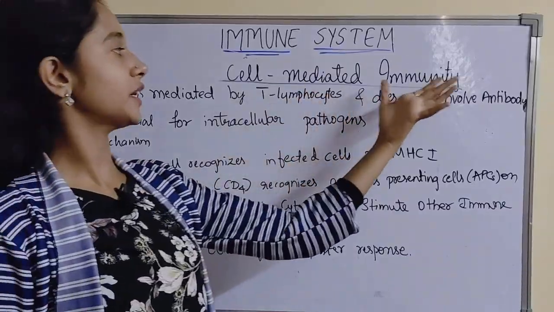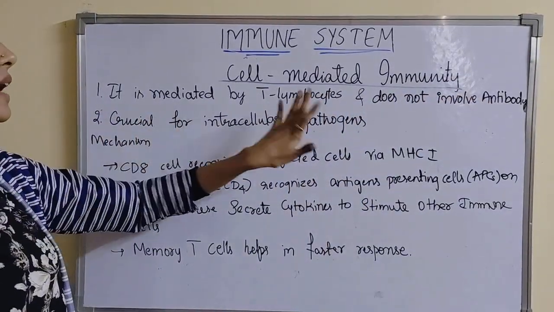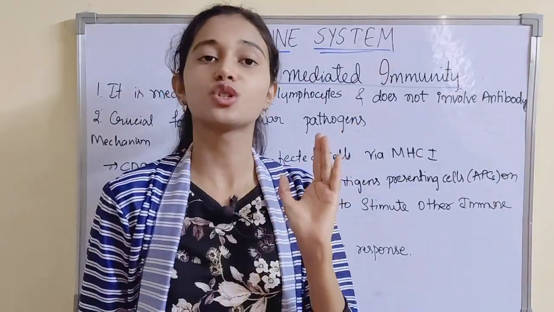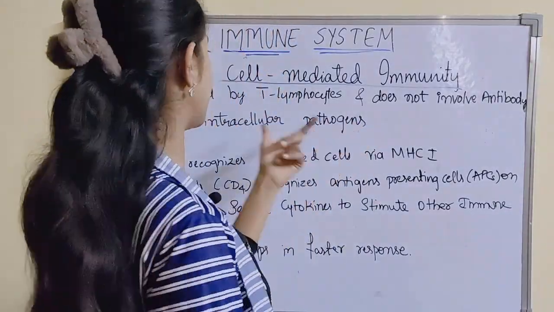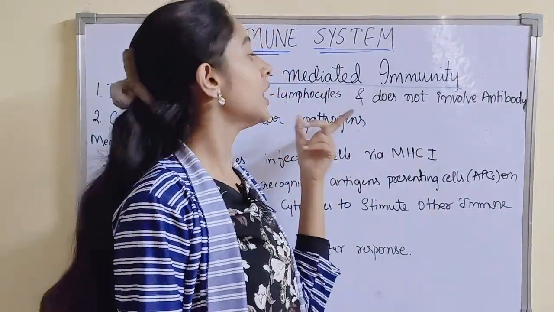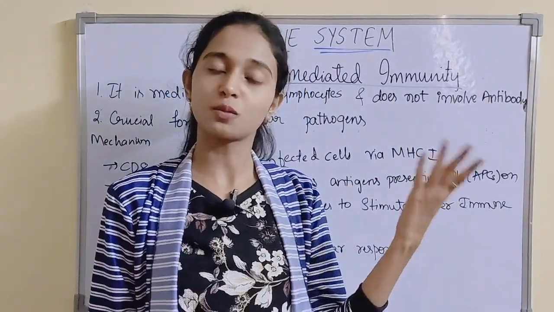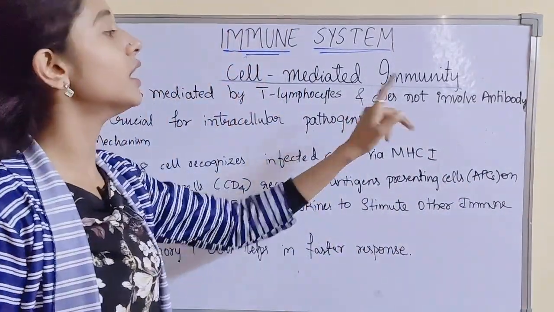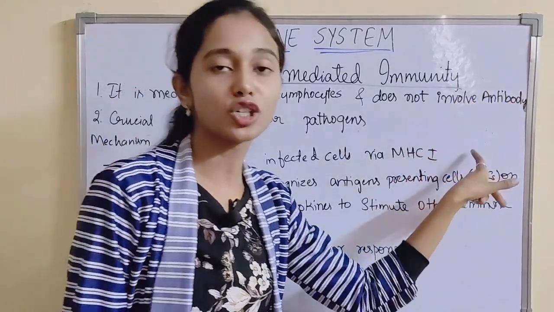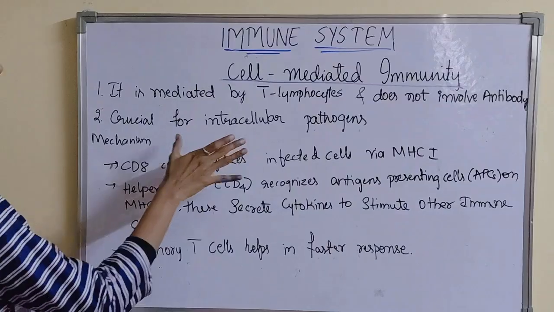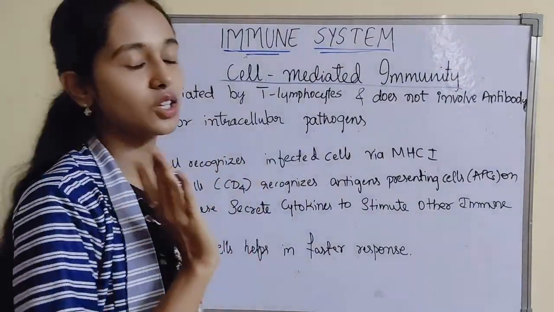So cell-mediated immunity is mediated by T lymphocytes and does not involve any antibody. Humoral immunity was mediated by B lymphocytes, जबकि यहाँ पे T lymphocytes होंगे, and वहाँ पे production of antibody होता था because B cells are responsible for the production of antibody, but here there is no involvement of antibodies. So they are crucial for intracellular pathogens.